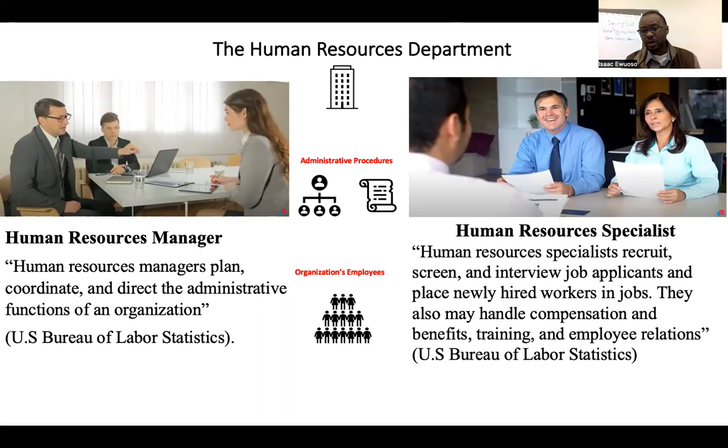In a company, especially a large corporation, there is usually a human resources department, and the human resources department is a team. So it consists of the human resources manager and human resources specialist. Together, they plan administrative procedures and how these procedures are going to be disseminated to all staff in the organization. There's a world of HR out there.